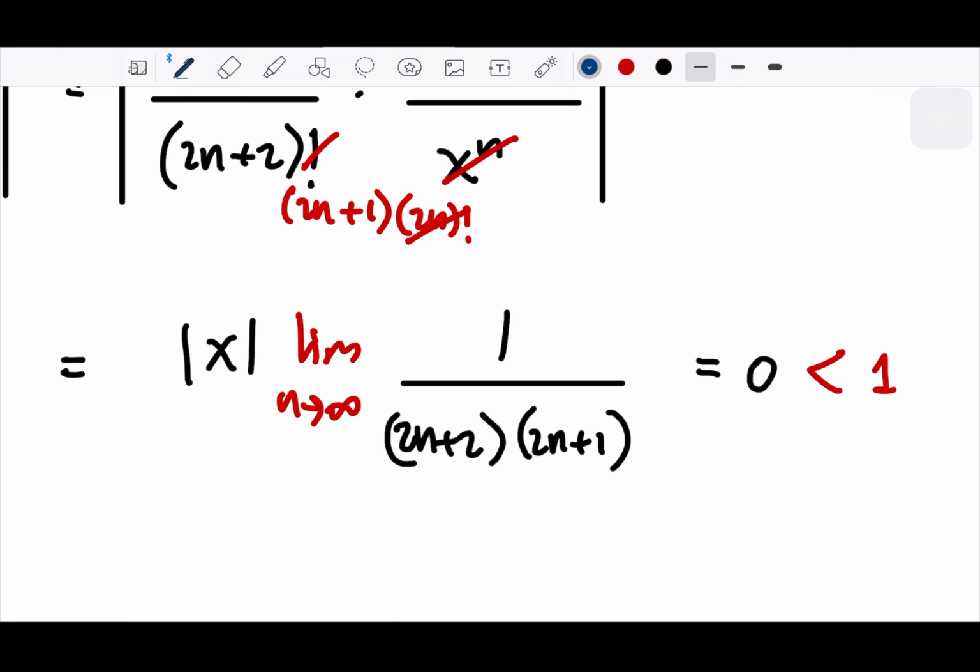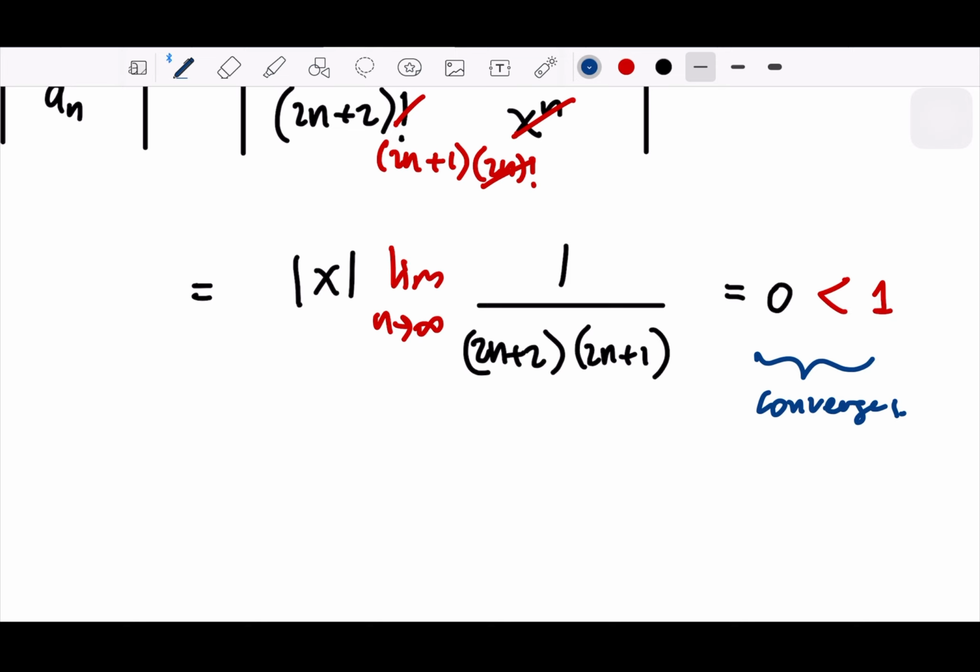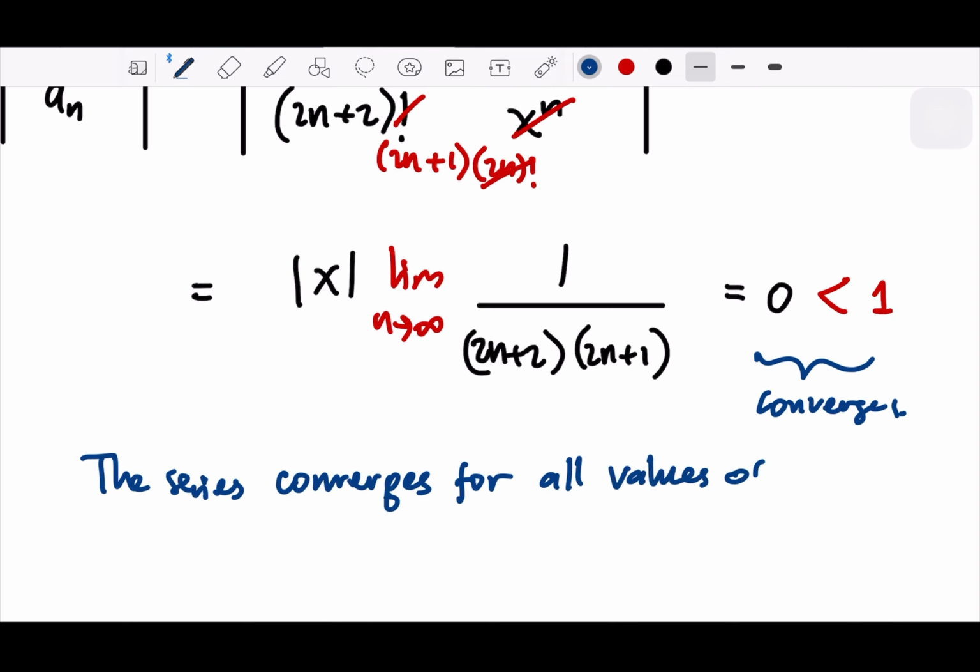That means this converges. So the series converges for all values of x. All x will converge.